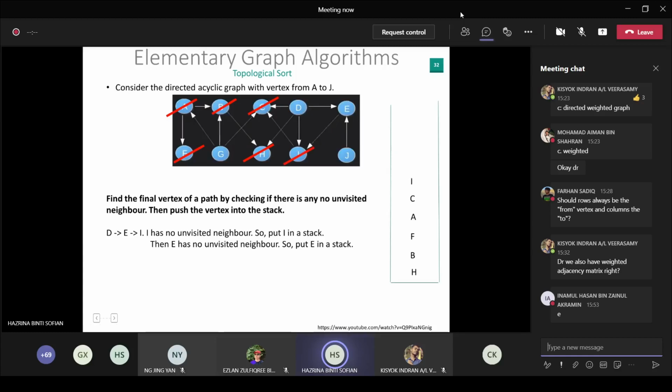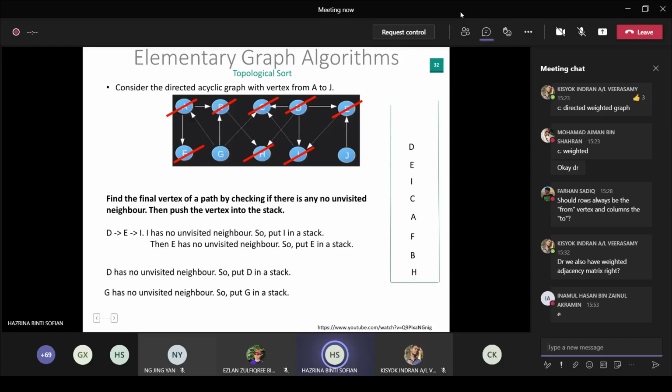Then E has no unvisited neighbor, so we put E in the stack. Then D has no more unvisited neighbor, so we put D in the stack. We are done here.